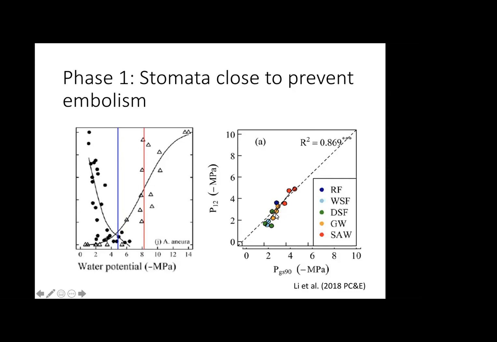And they sit pretty much on the one-to-one line, which tells us that across this suite of species, they're all shutting their stomata in time to prevent the onset of xylem embolism.